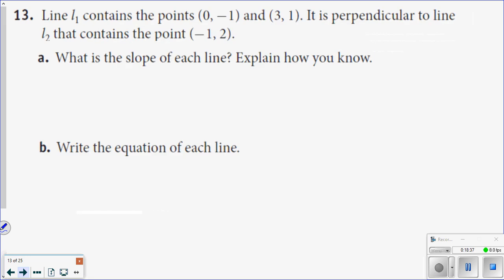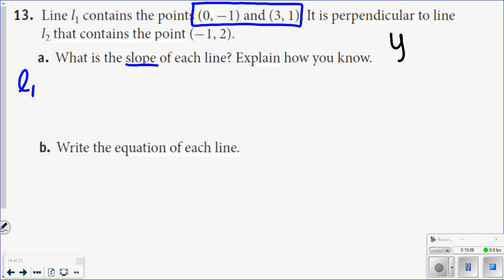Okay, we're going to jump to question 13. Line 1 contains the points (0, -1) and (3, 1). So we are going to find the slope of line 1. Do you remember the slope formula?